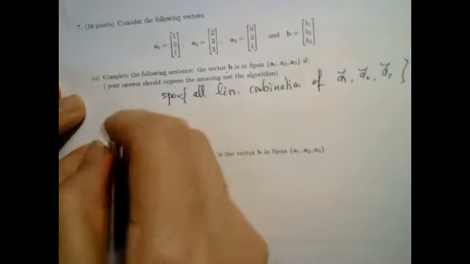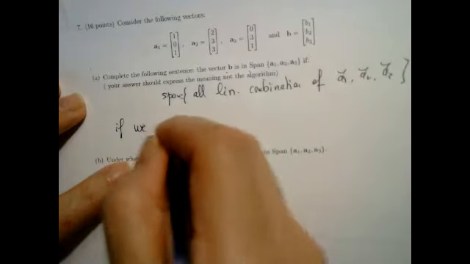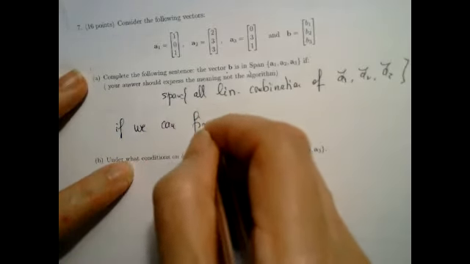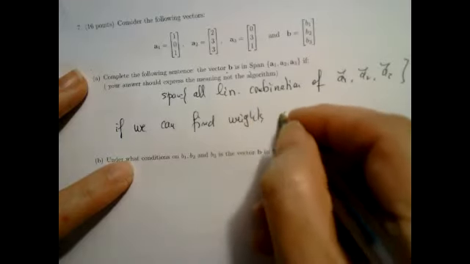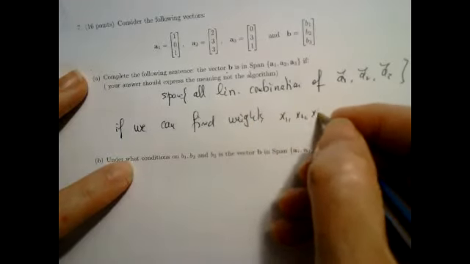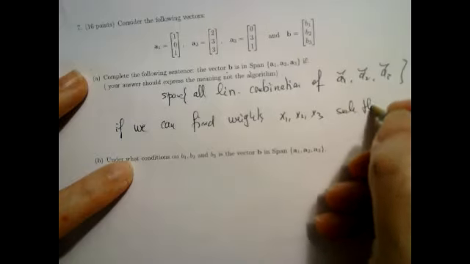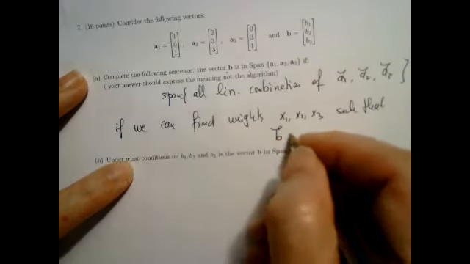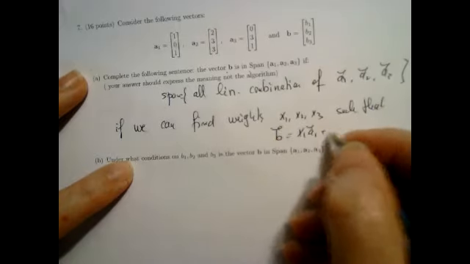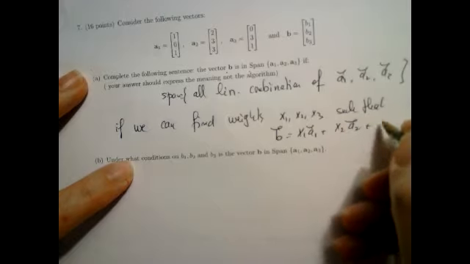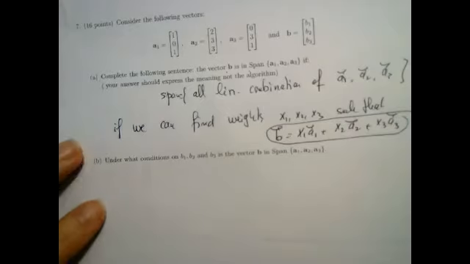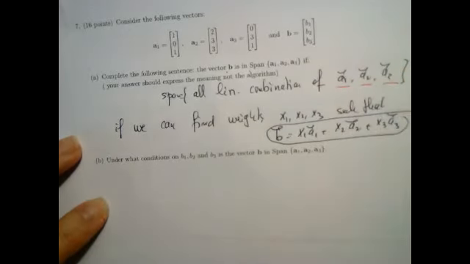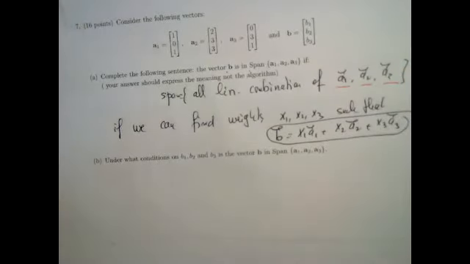So b is in the span if we can find weights, you can call them what you want, x1, x2, x3, such that b is a combination of them. That's what a span is. It means I can write it as a linear combination of those vectors. That's what I'm expecting in the answer. That's the span, every possible linear combination.